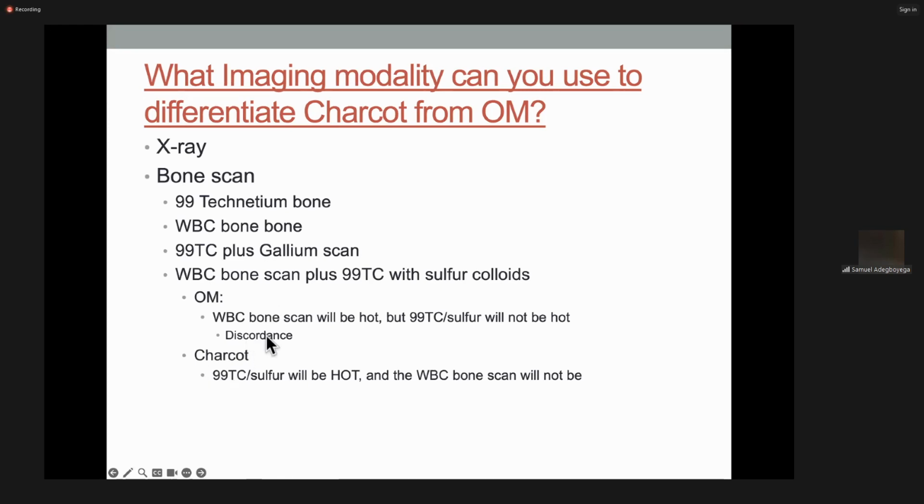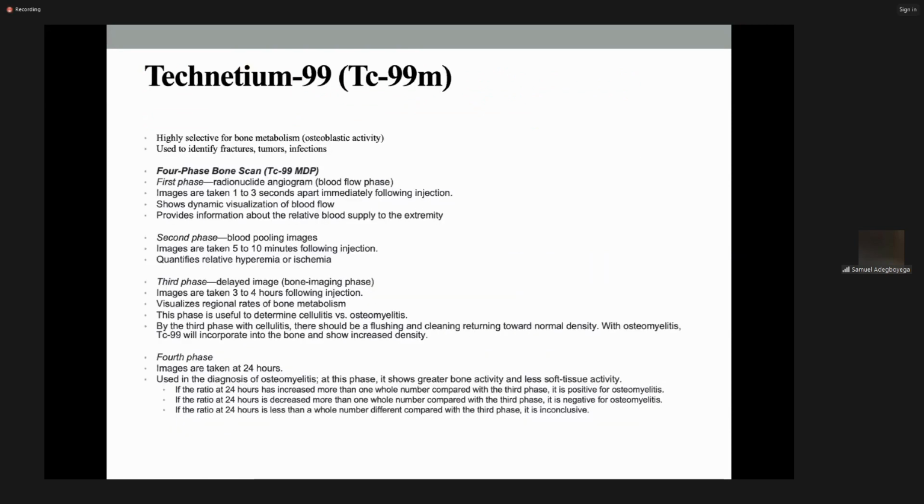If the WBC scan is positive and the technetium scan with sulfur colloid is negative, that's osteomyelitis. Charcot, when the TC sulfur is positive and the WBC is negative, that's Charcot. Again, another way to use nuclear medicine to diagnose your problems.